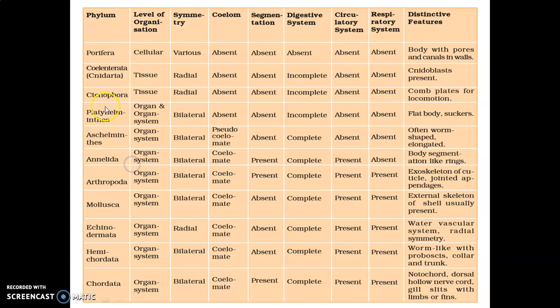Okay, so children, this table is given in our textbook. We will get an overall view of the animal kingdom from this table.